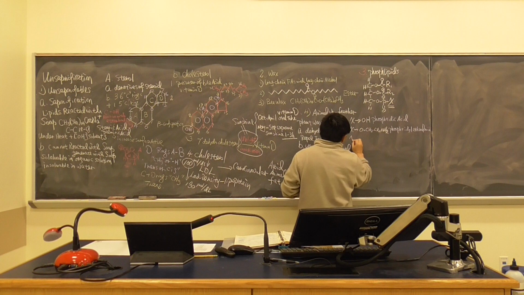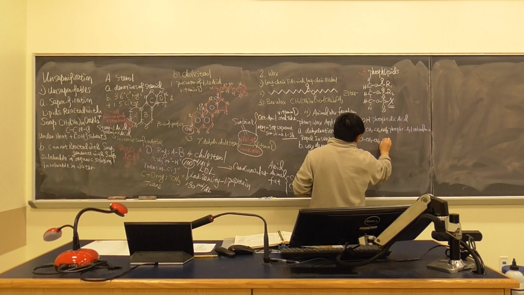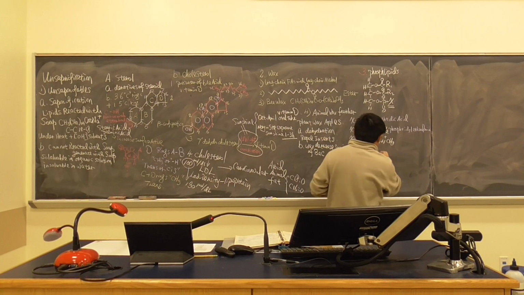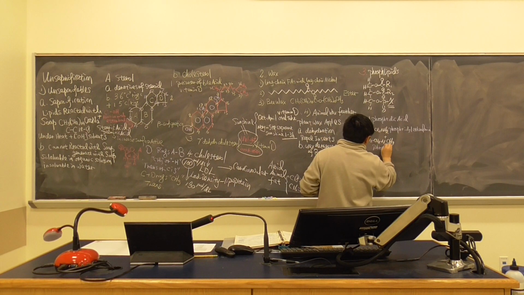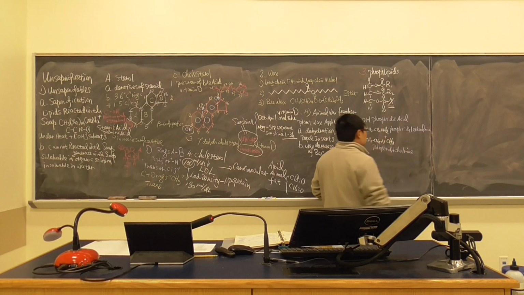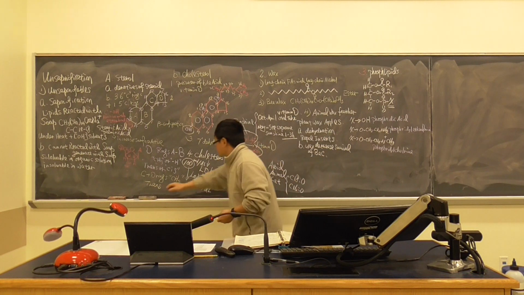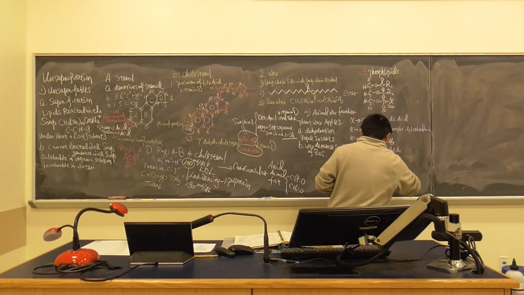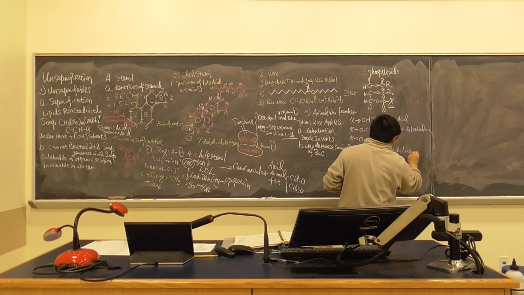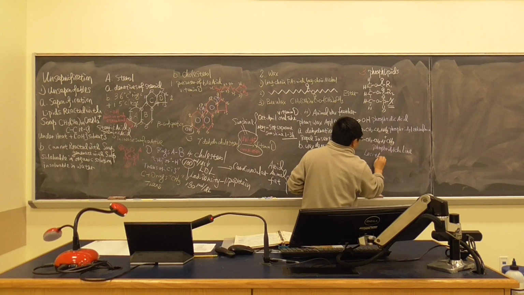If X is OCH2, CH2, N+, and CH3, this is a very important one: phosphatidylcholine. This is choline, C-H-O-L-I-N-E. We call this lecithin.